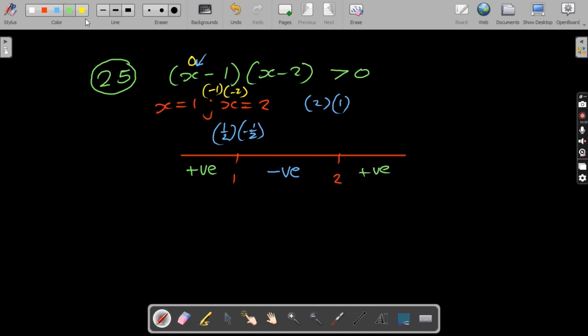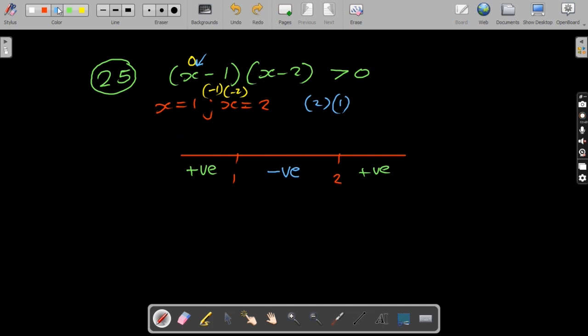So now the question says, where is this positive? Now I'm just going to go to my number line or my little trick which I used and check that. So this is the positive section. That is also the positive section, but this portion is negative.